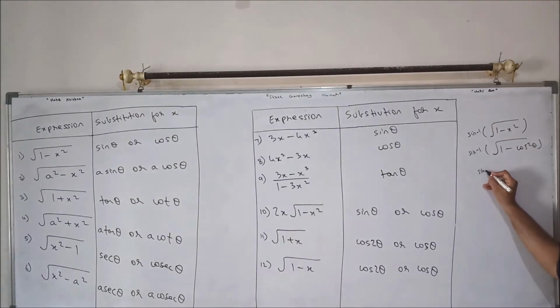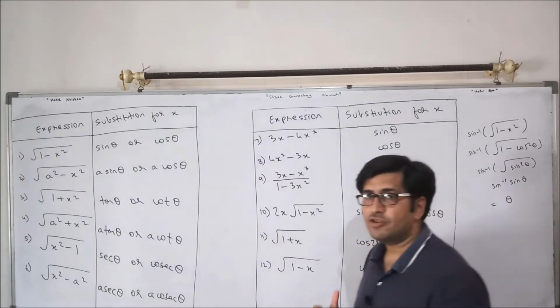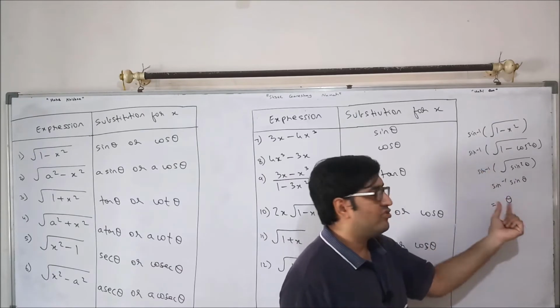What is 1 minus cos square theta? Sin square theta. What is root of sin square theta? Sin theta. So we are left with sin inverse of sin theta, which we very well know according to property number 1 is theta. So students, have you seen how we have simplified the given expression as well as the sum got simplified?